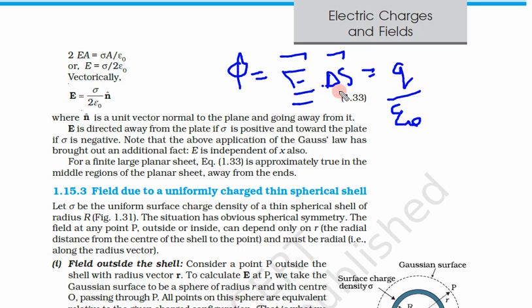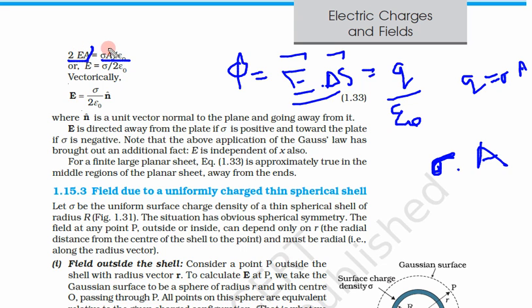So this E dot delta S is simply 2EA, and since this is a sheet, a 2D thing, we will use surface charge density sigma, and the area where we took this charge density is A. So this is sigma A. This charge Q is simply sigma A.